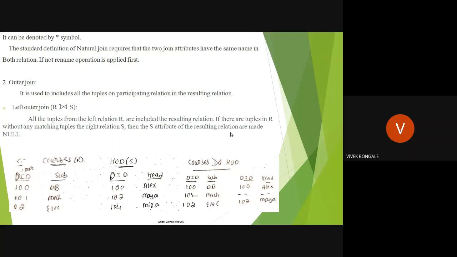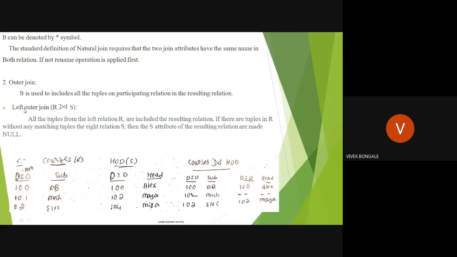If the attribute name is not the same in both tables, we can use a rename operation to rename the attribute of one table so it is the same as the other table. In outer join, we have types like left outer join, right outer join, and full outer join. We'll see them one by one.